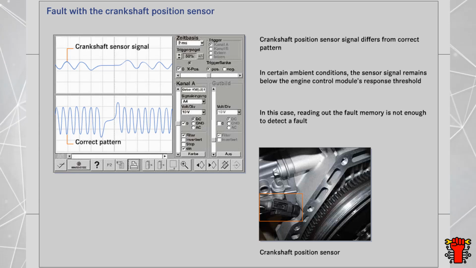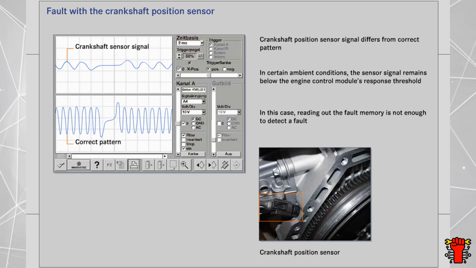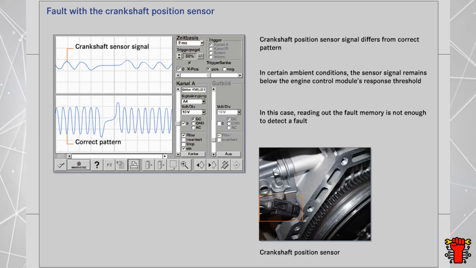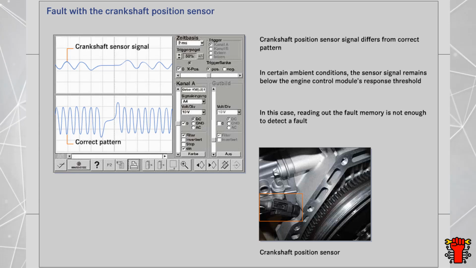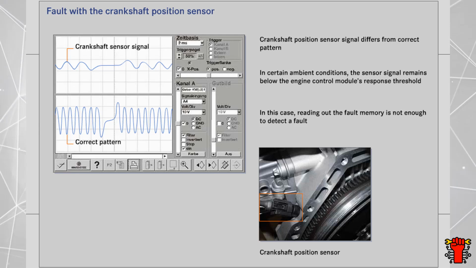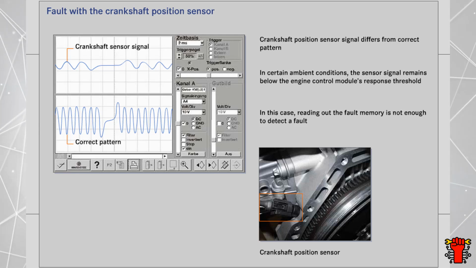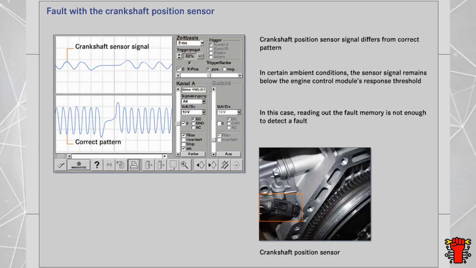This case study demonstrates that in certain situations, reading out the fault memory is not enough to detect a fault. In these situations, it is useful to have an understanding of sensors and their signal forms. This will be covered in the following section.